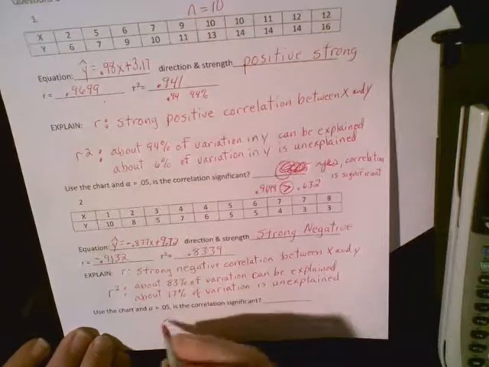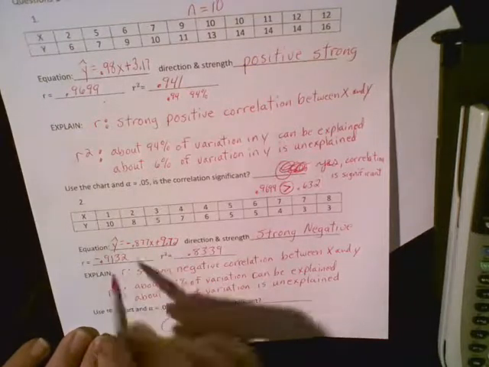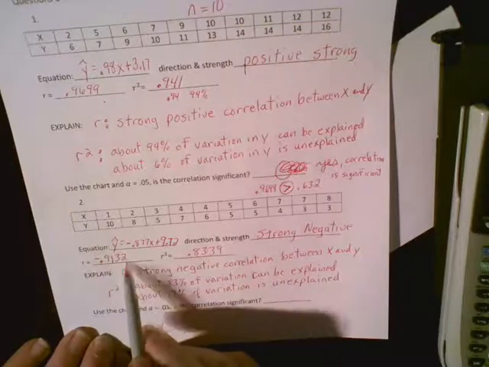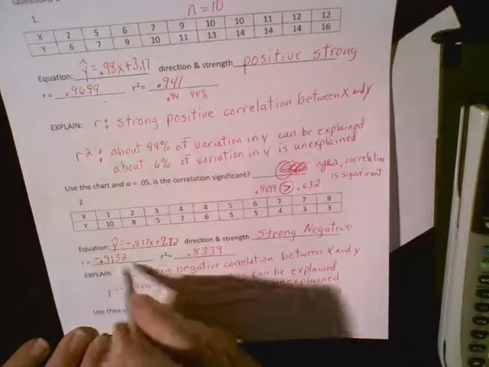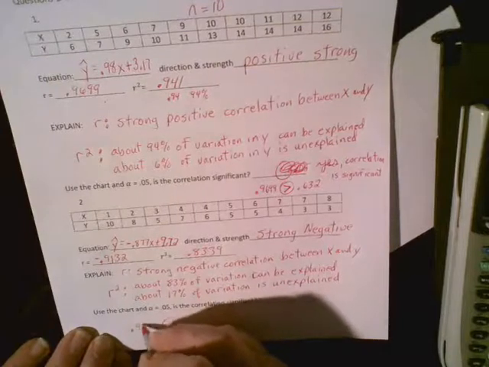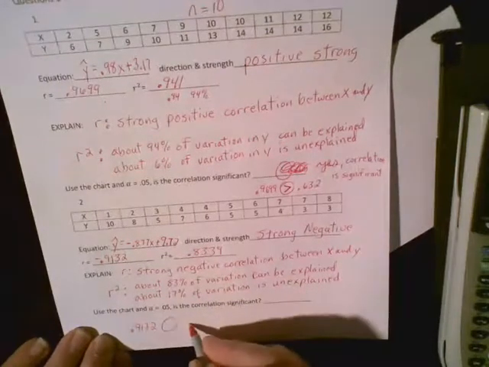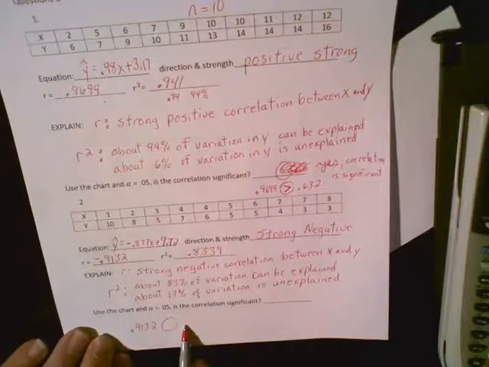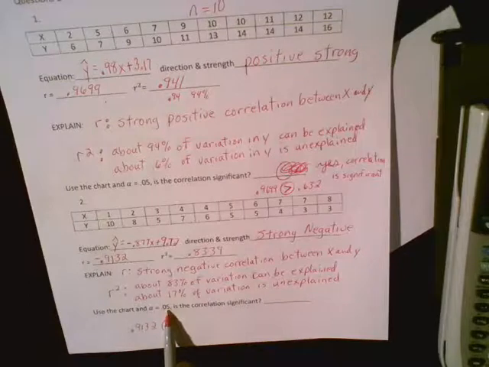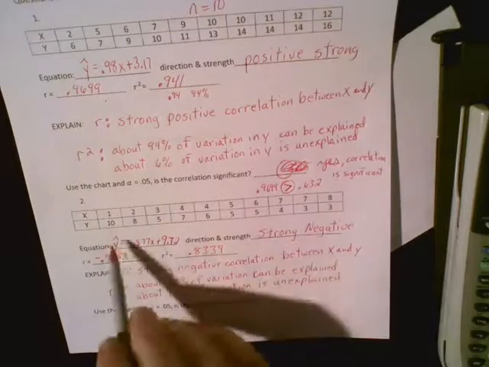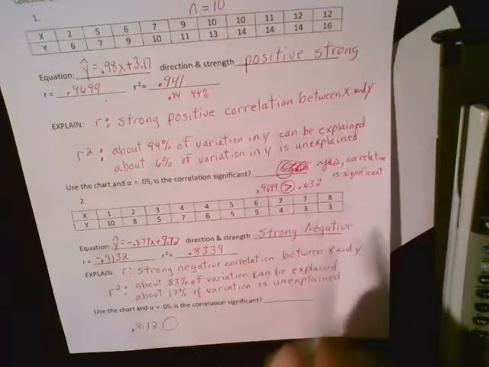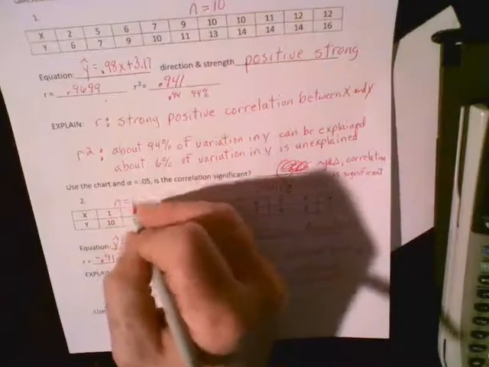Go to our chart, our R, and remember we want the absolute value of the R, and the absolute value of a negative 0.9132 is just 0.9132, and then we're going to get our number off the chart with alpha at 5, so 5%, and our N this time was 1, 2, 3, 4, 5, 6, 7, 8, 9, 10, so N is 10 again.